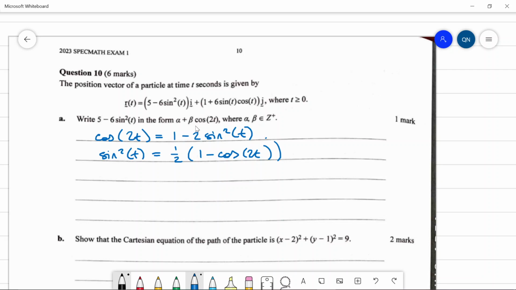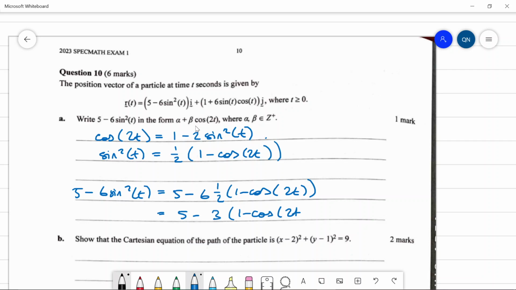So plugging this in, 5 minus 6 sine squared t, we can rewrite as 5 minus 6 times 1/2 times 1 minus cosine of 2t. Simplifying this gives 5 minus 3 times 1 minus cosine of 2t.